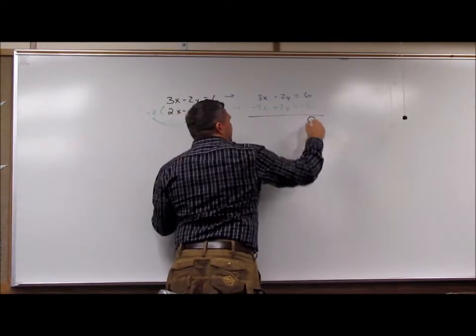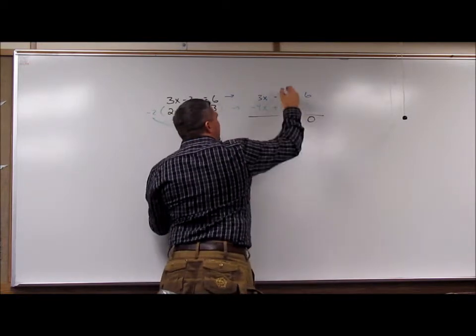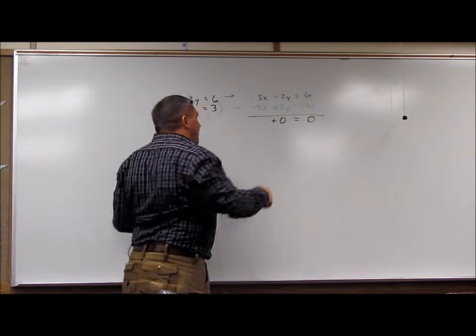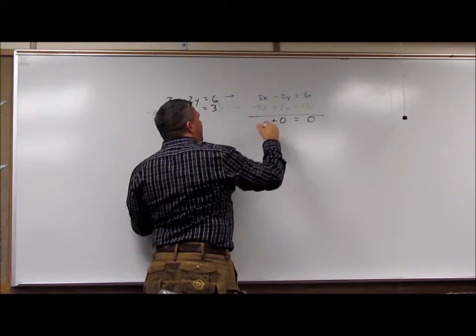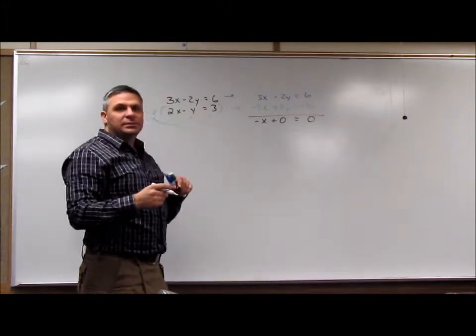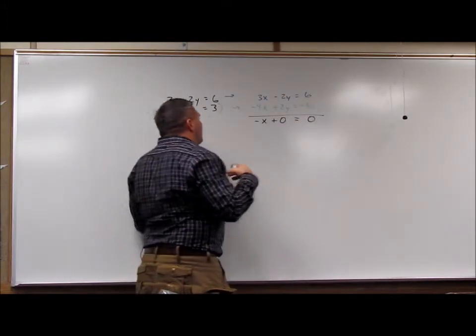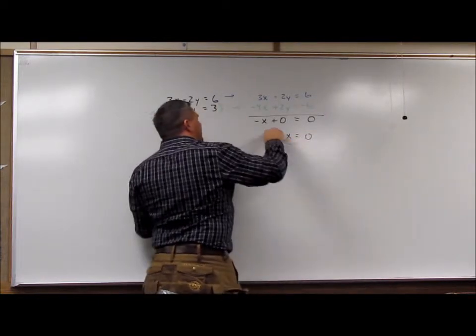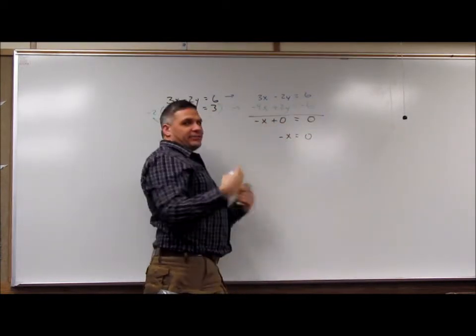These 6's cancel, and we get 0. These cancel. There's really a 0 there, right? And these add up to be a negative x. And so a negative x is equal to 0, because negative x plus 0 is just negative x.